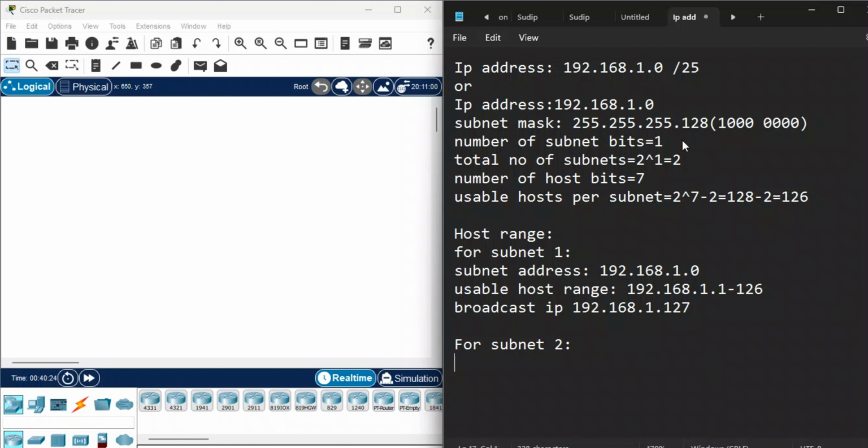Subnet 2. Subnet address will be 192.168.1.128.